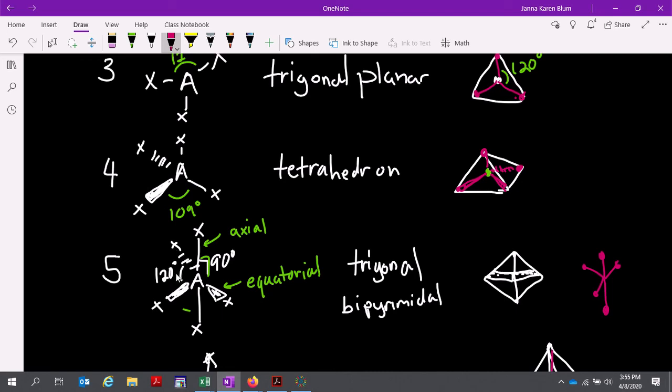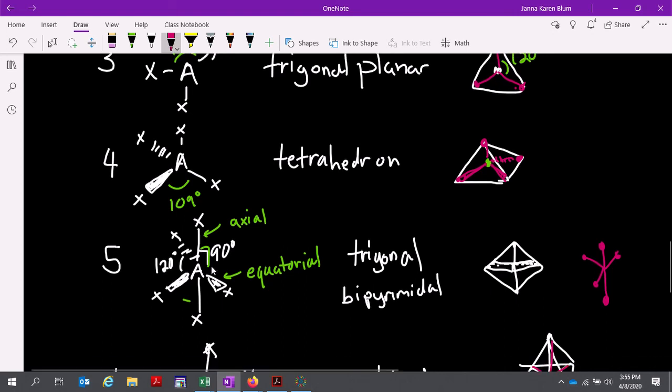And this is the only one that has 2 different types of angles in it, 120 and 90 degrees. 90 degrees from the axial to the equator, if you can kind of visualize it that way. And then 120 degree angles around.